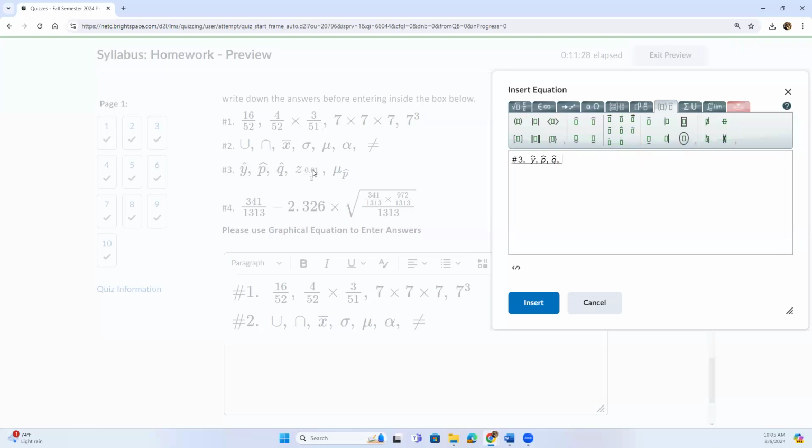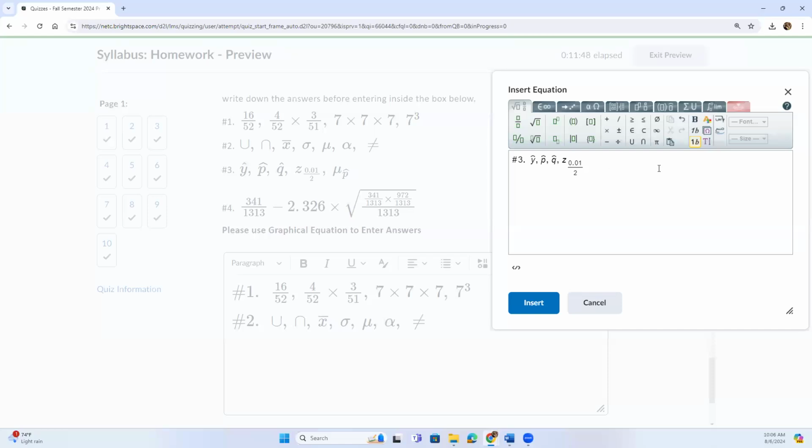Comma. All right, z sub 0.01 divided by 2. So I'm gonna type in letter z. I'm gonna go back to the first tab, subscript, fraction bar, 0.01 over 2. All right, so if I put the cursor right next to the fraction bar, I'm still in the subscript.